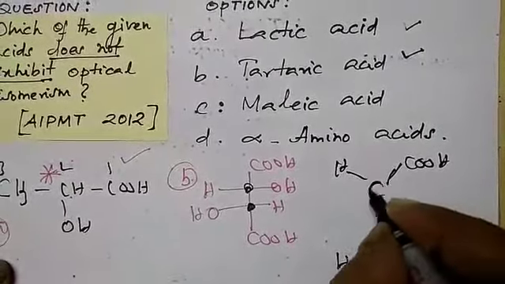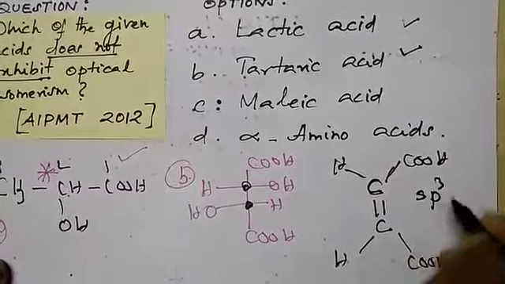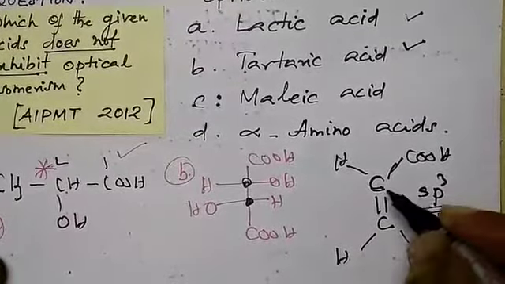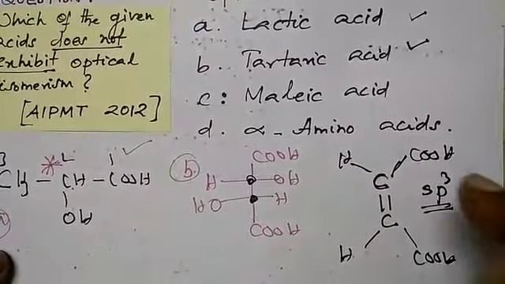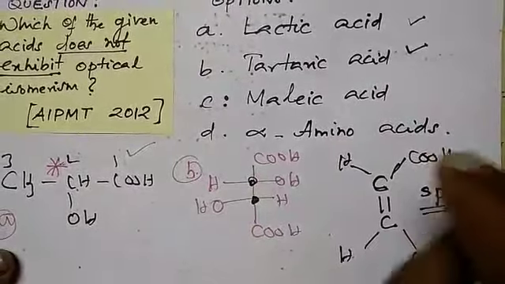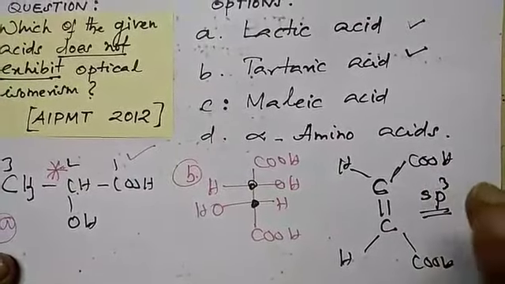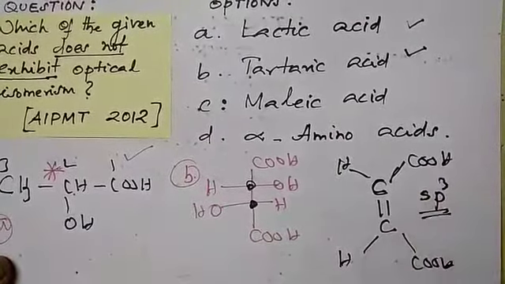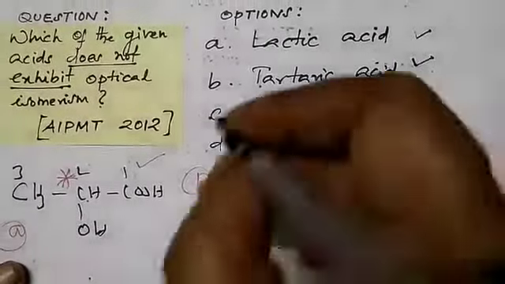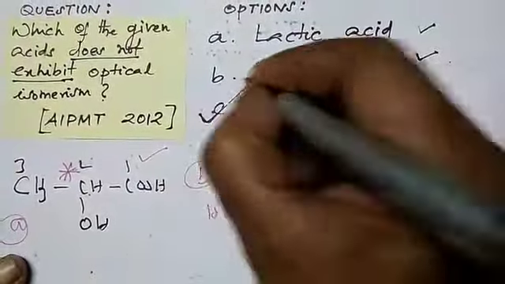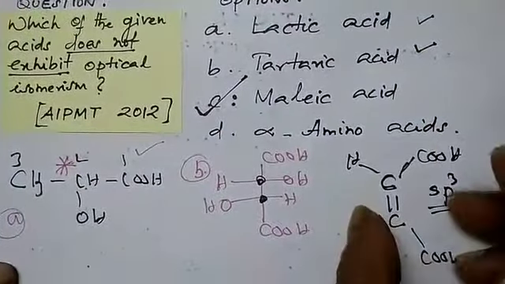Very important, the carbon considered should be sp3 hybridized. These 2 carbons are not sp3 hybridized, so it is not under the topic of optical isomerism. It is geometrical isomerism with fumaric acid. So this does not exhibit optical isomerism, and this is my answer. This is the structure of maleic acid.